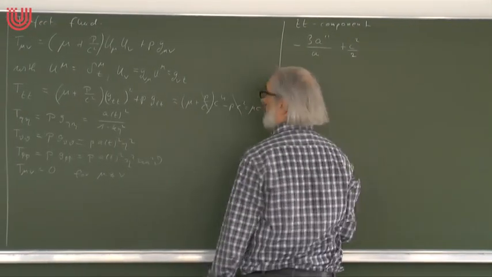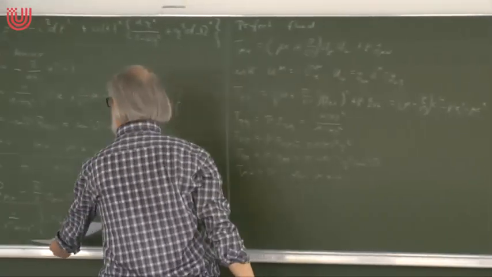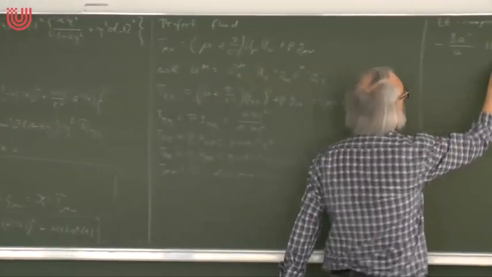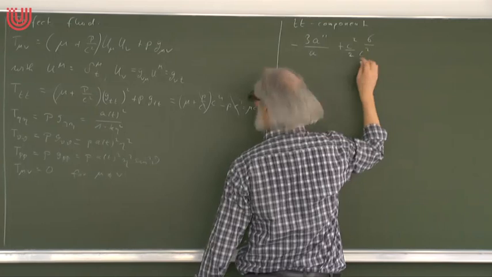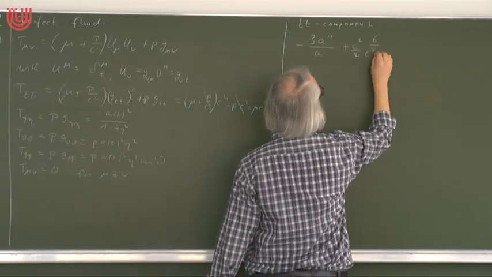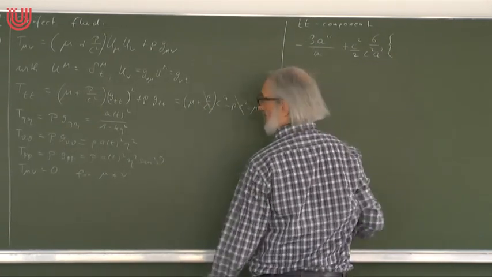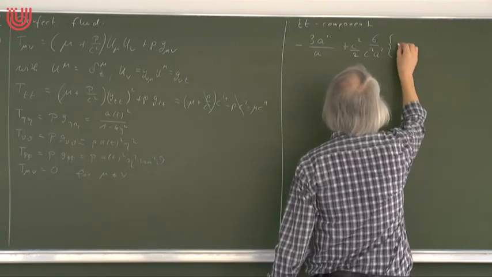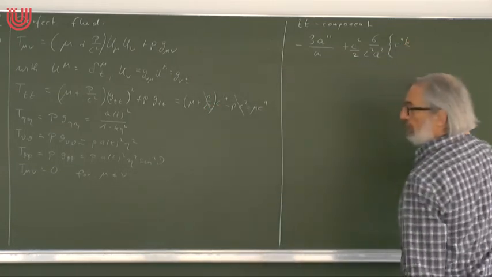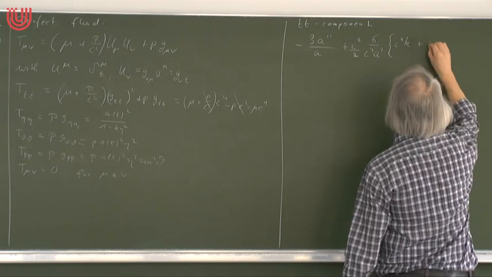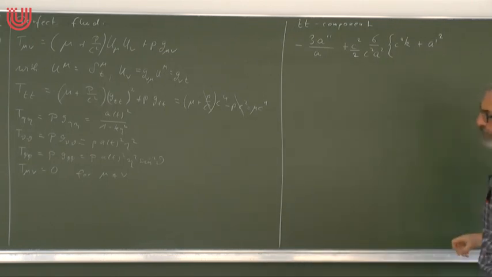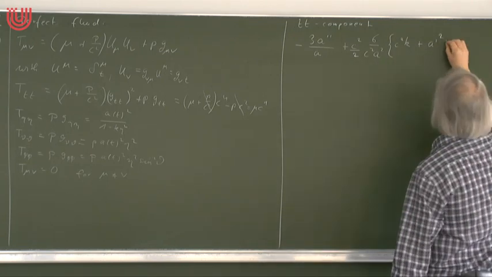And now comes the Ricci scalar, which I've written here. The Ricci scalar is 6 over c squared a squared, and then this curly bracket, c squared k plus a prime squared plus a a double prime.